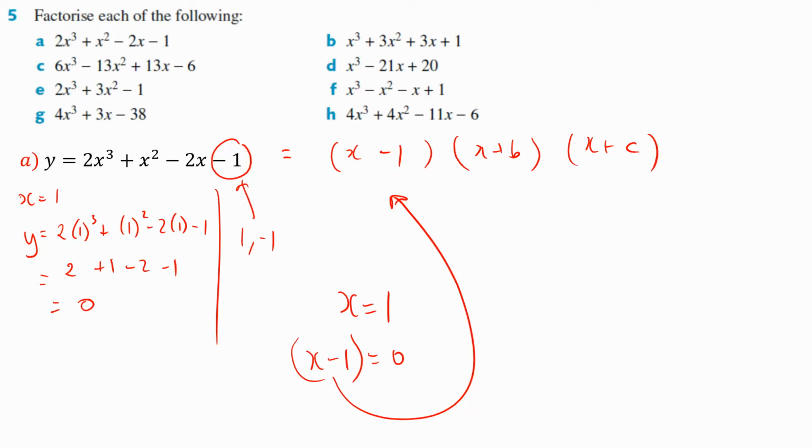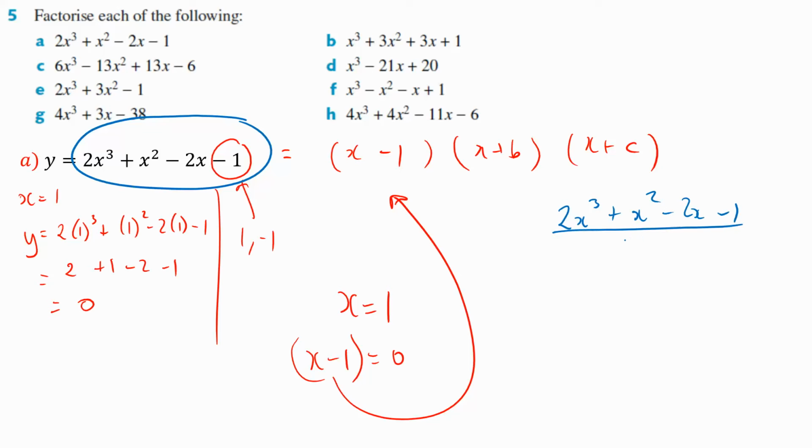Now the only way for you to find out the next two brackets, what do you have to do? Yeah, that's it. So that was 6b. So what I just did with you just now is 6c. To get to the next step is 6b. 6b tells you, all right, if I take out the cubic function, which is 2x cubed plus x squared minus 2x minus 1, if I divide this by x minus 1, I should get the quadratic factors.